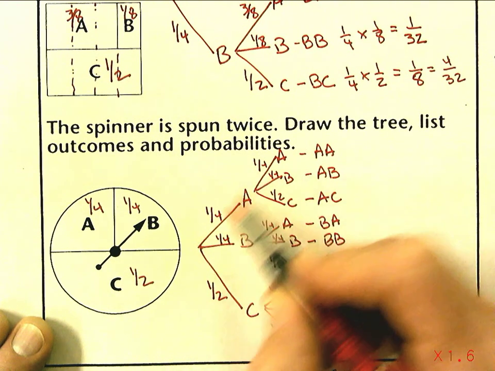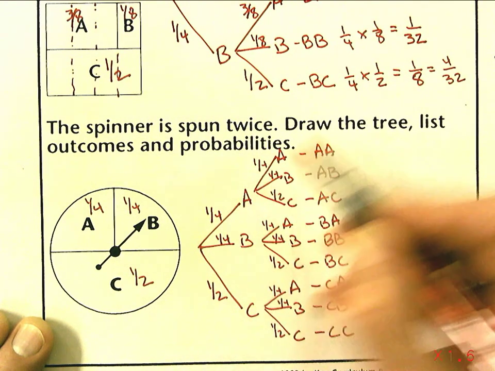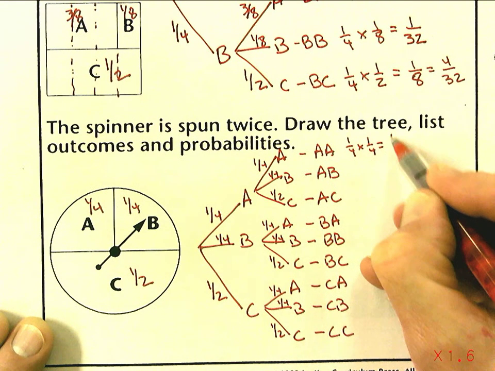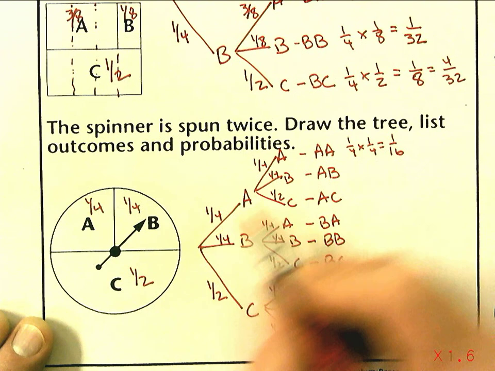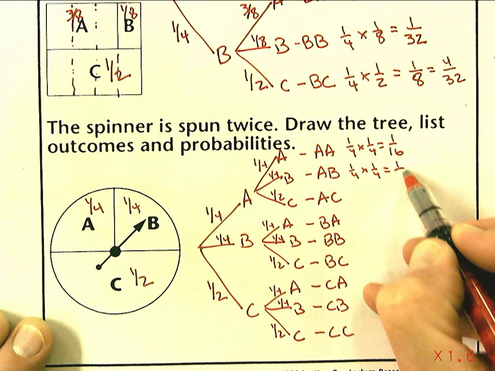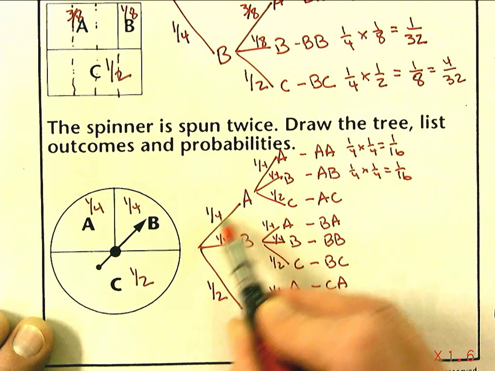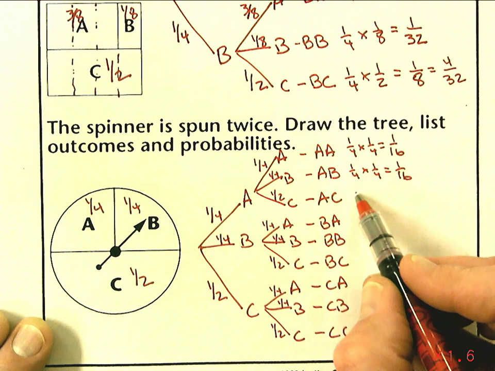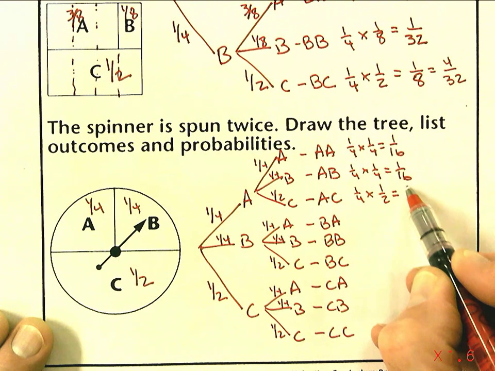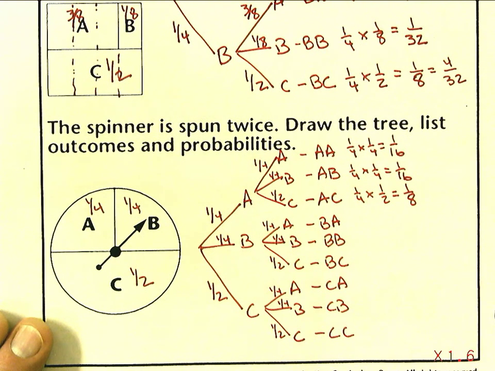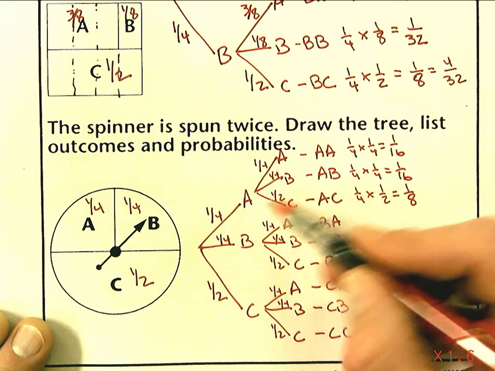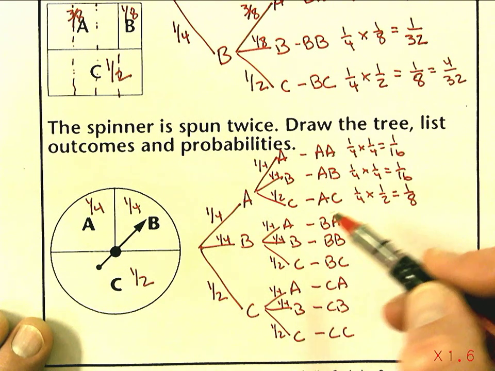And we're actually going to calculate the fractions through. So the first one, AA, is 1/4 times 1/4, which is 1/16. And the second one is also 1/4 times 1/4, which is 1/16. And AC is 1/4 times 1/2, which is 1/8. So in that first set, that's the most likely of the 3, and it should be because getting the C is the more likely event to happen.